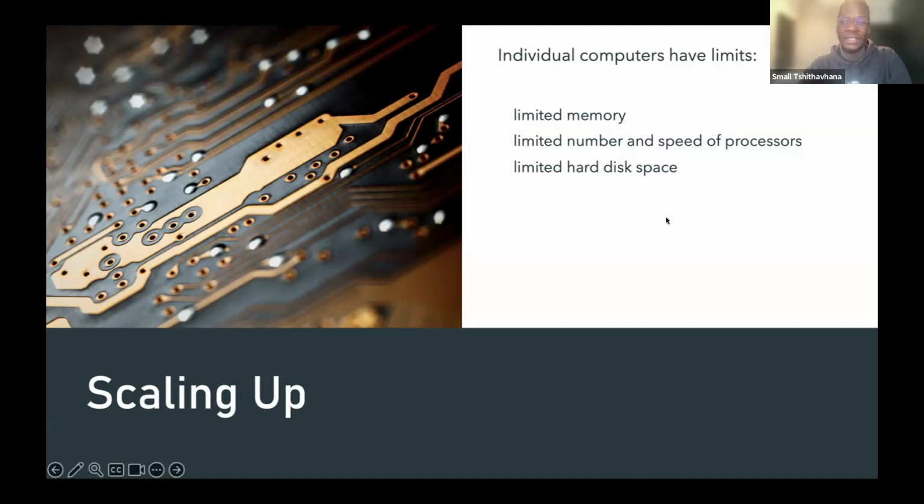Meaning that if it's not going to crash, then it's most likely going to take a long amount of time to run that individual program. And you can imagine, if you didn't do your coding right, or if the code crashes, you have to take another long amount of time just to run the same program on the same amount of data.